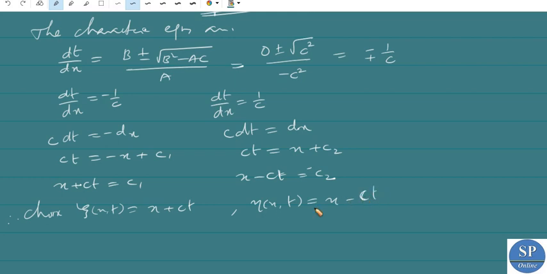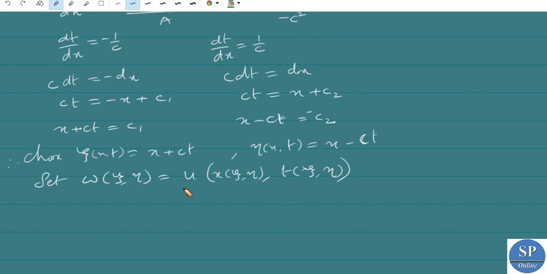By using these transformations, we can convert our differential equation into the canonical form. For that we need to set w(zeta, eta) equal to u(x(zeta, eta), t(zeta, eta)). Clear?